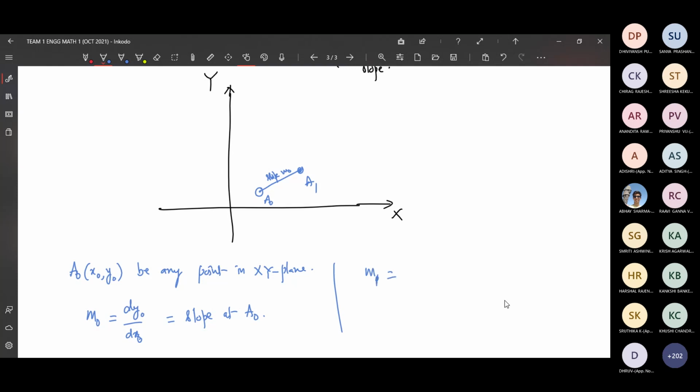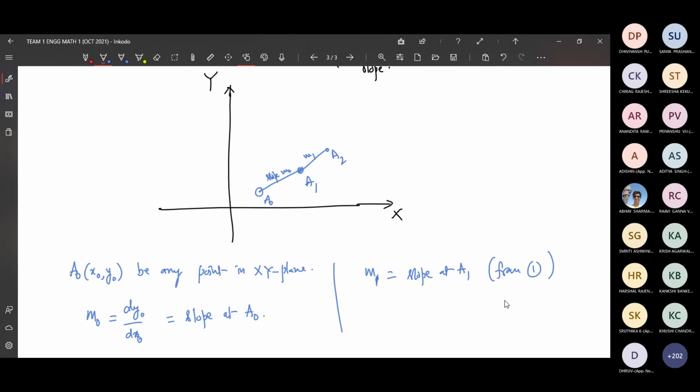Let m1 be the slope of the curve at A1, derived from the given equation 1. And again take a neighboring point A2, with the condition that the slope of the segment A1 A2 is m1, and continuing in this manner.